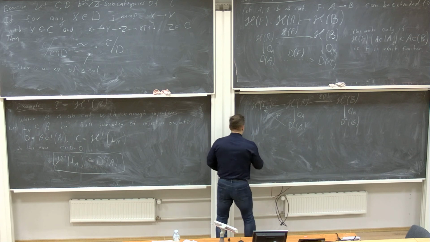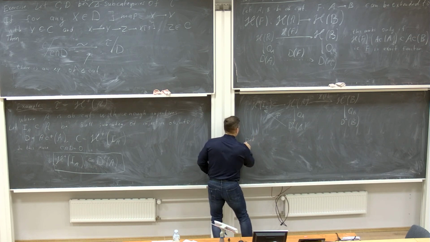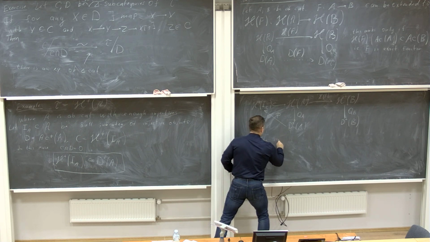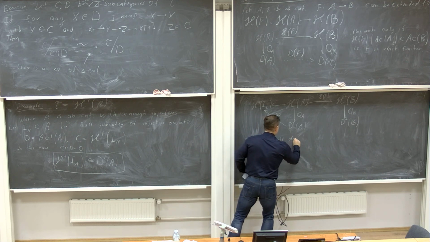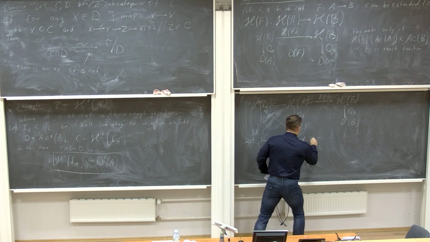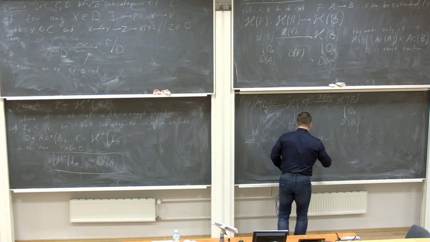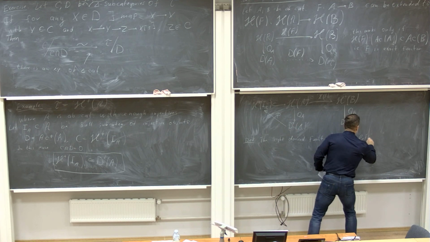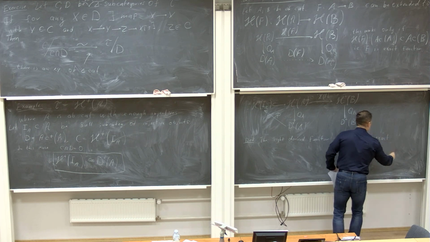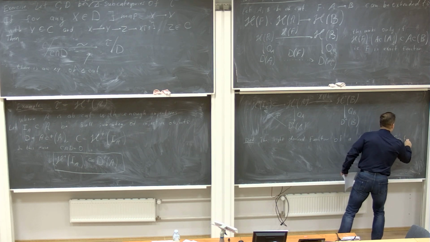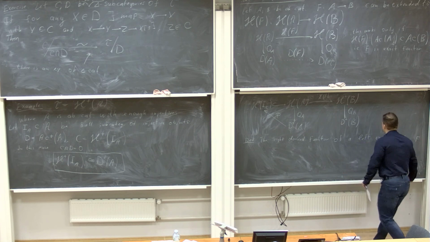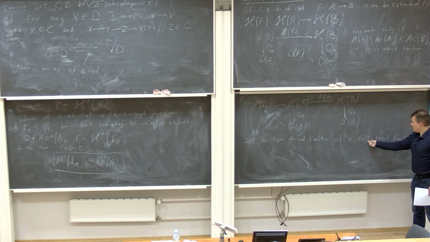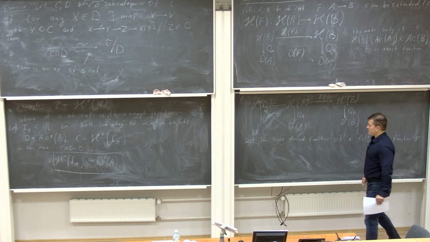Now we can use the following definition. Let's define the right derived functor of a left exact functor f. I assume that the functor f that I start with is left exact, and I define the right derived functor.